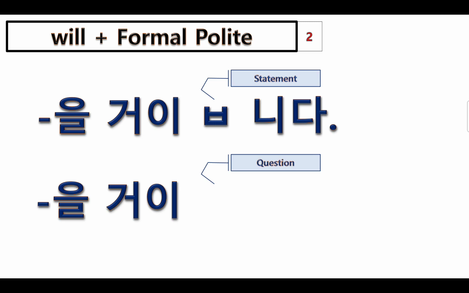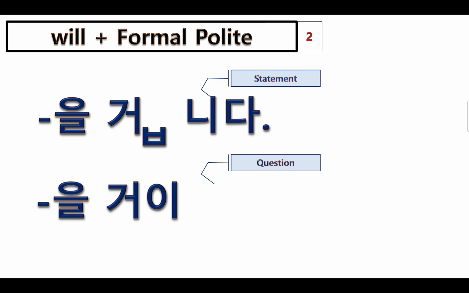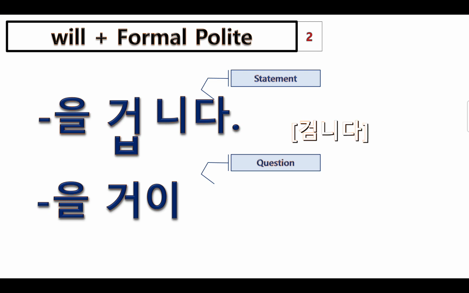And here I choose 을 거이, the short form. For the short form, 이 can be omitted and then put ㅂ니다 like this. So 을 겁니다. When you pronounce it, ㅂ changes to ㅁ. This is nasalization, so the correct pronunciation is 을 겁니다.